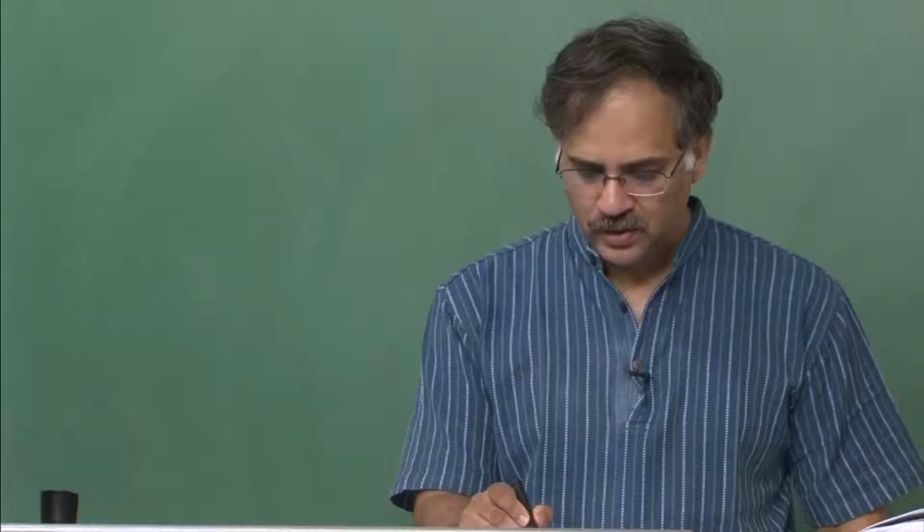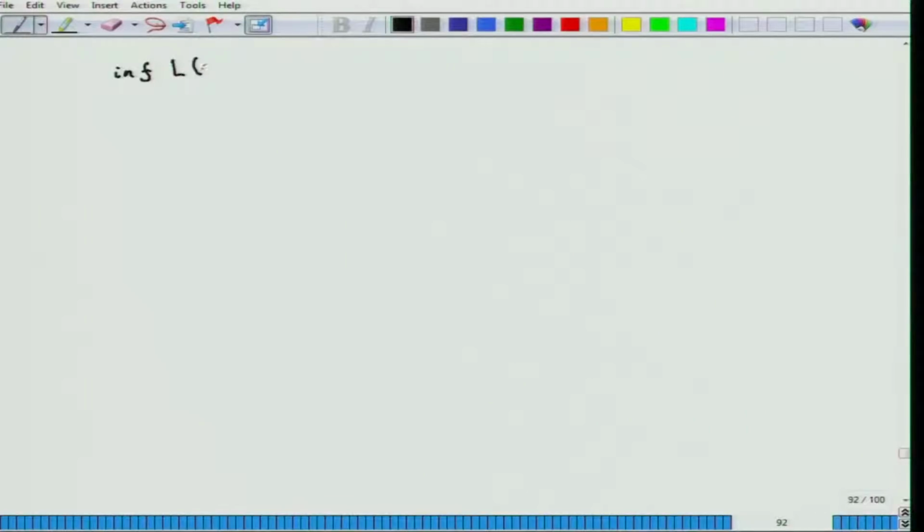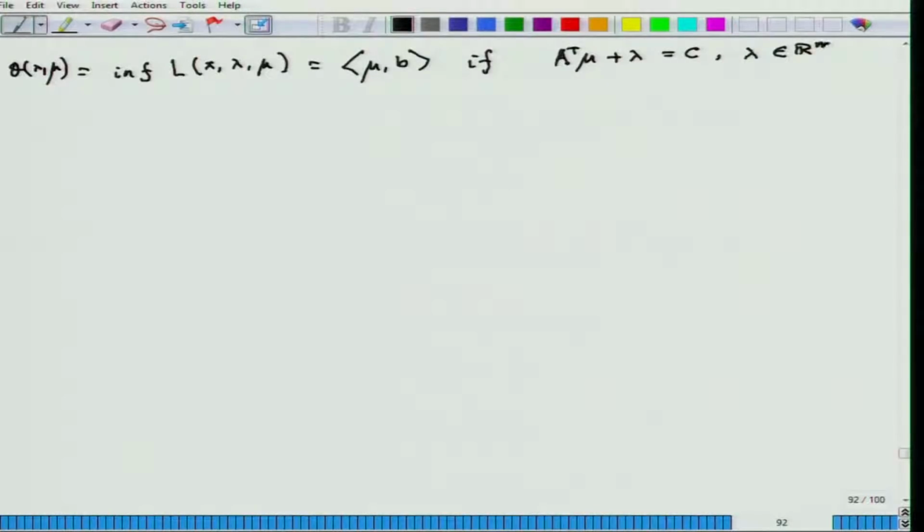So, inf of L(x, lambda, mu), which is theta(lambda, mu), is equal to mu b if A transpose mu plus lambda is equal to C and lambda is in Rm plus.